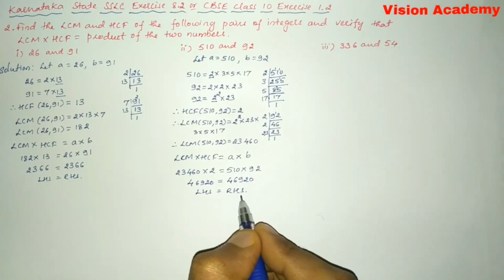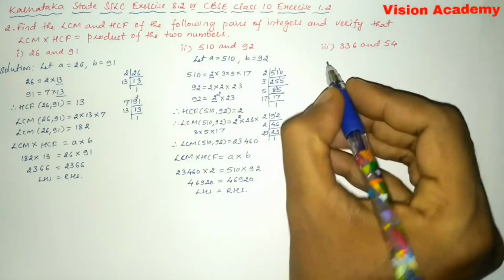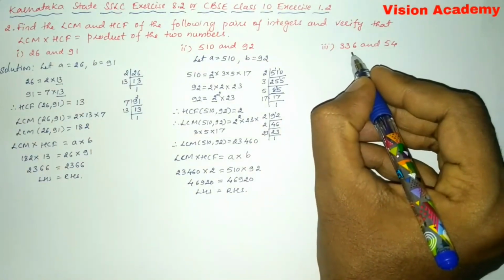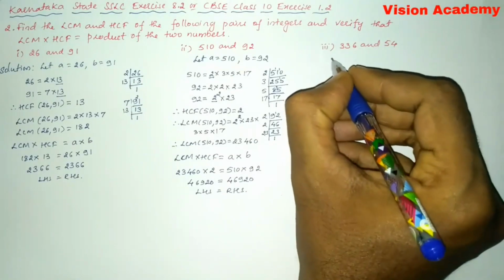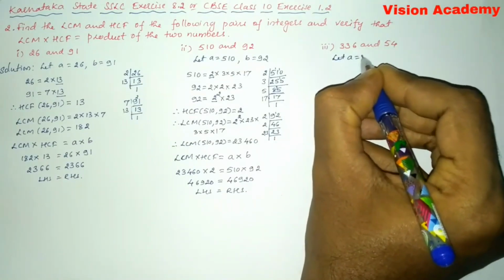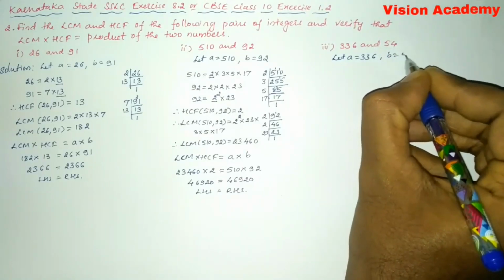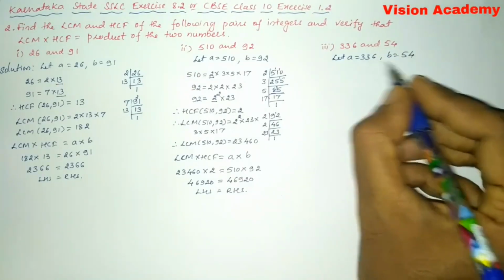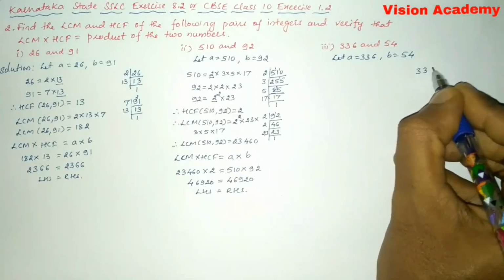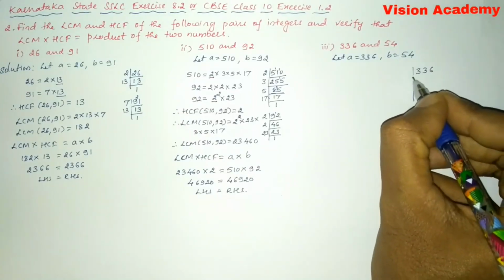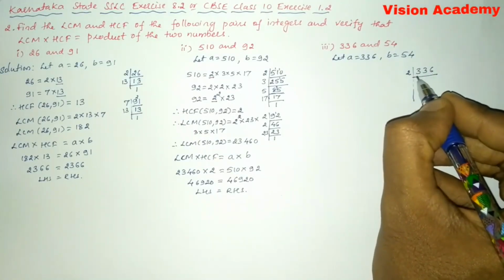It is verified. Now let us move on to Roman number 3, 336 and 54. Let A is equal to 336 and B is equal to 54. So let us consider first 336. So divide this number by the first prime factor 2.